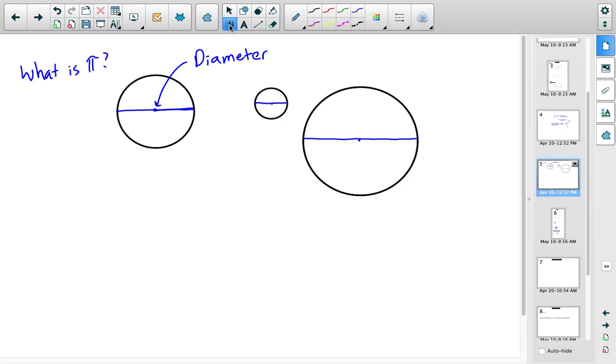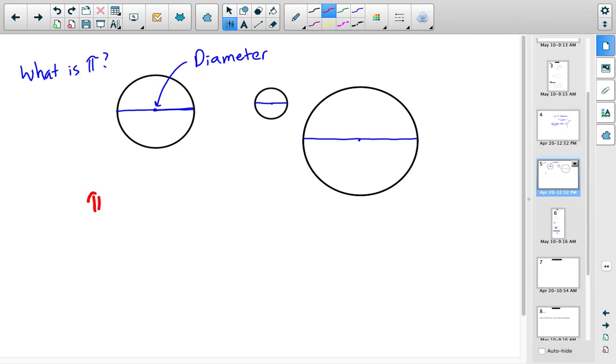And so pi is a ratio between going, I'm going to draw this in green, going across a circle and going around a circle. Okay? So I'm going to mark those two off again. So pi, I'm going to draw it in red. I think that'll show up better.